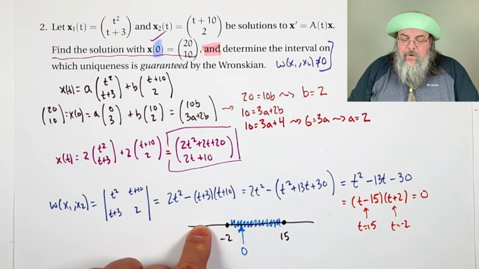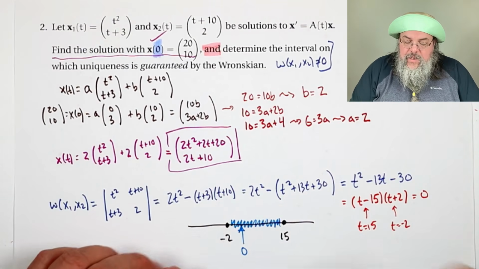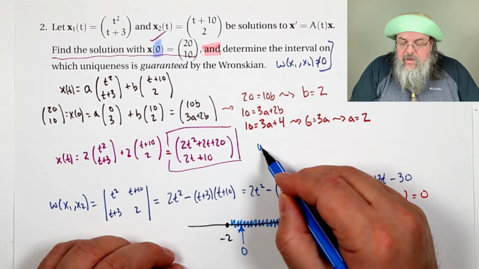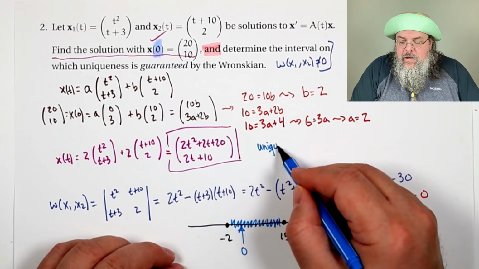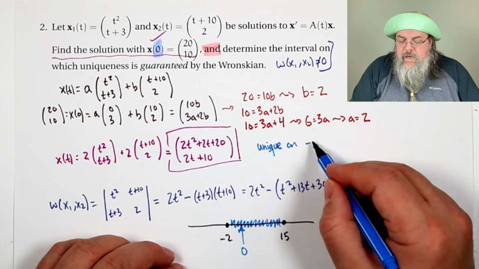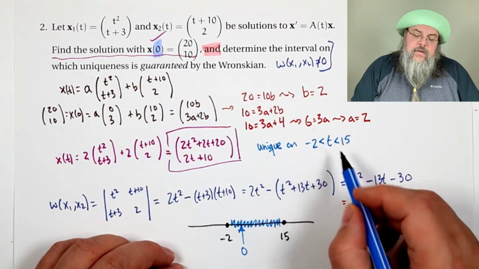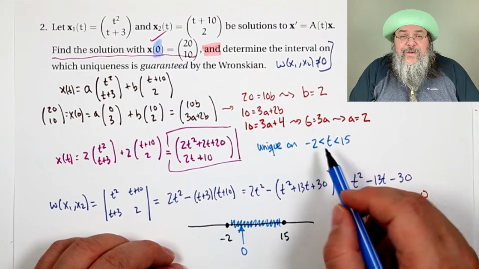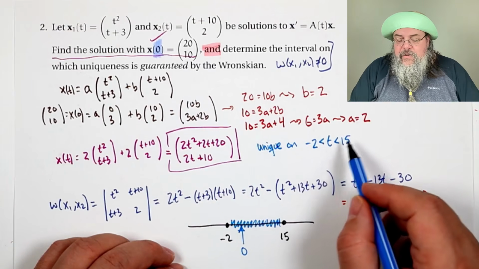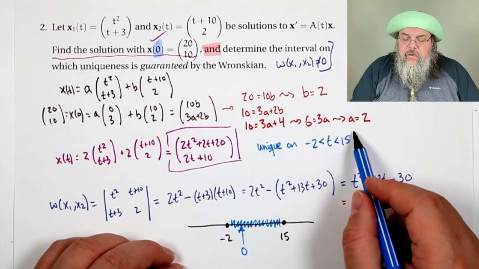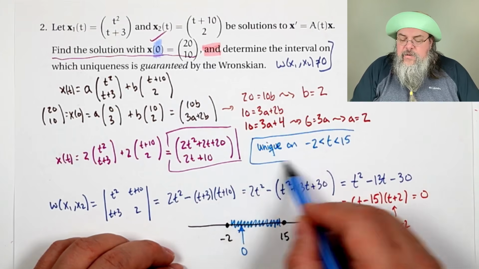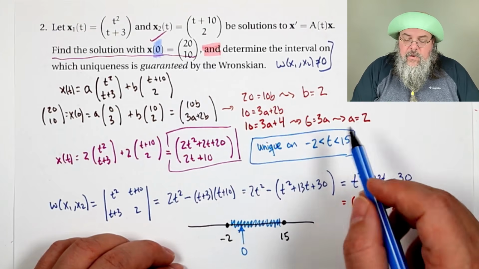So, for our second part, uniqueness is guaranteed on the interval from negative 2 up to 15. Now, we can quibble about whether to include the endpoints or not, but I would say don't include them, be safe, just because we don't know.